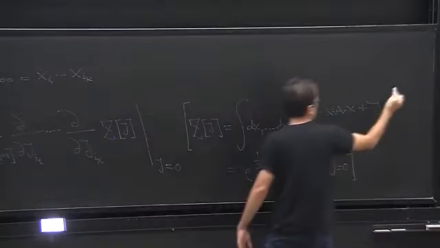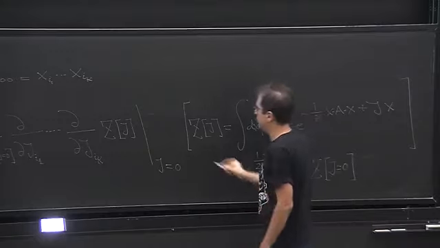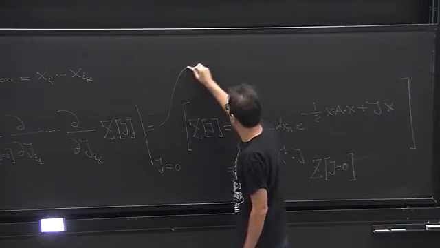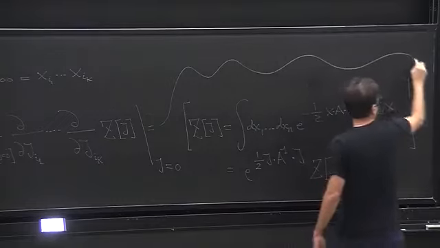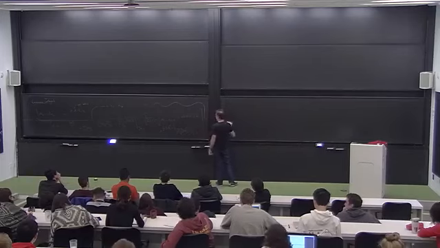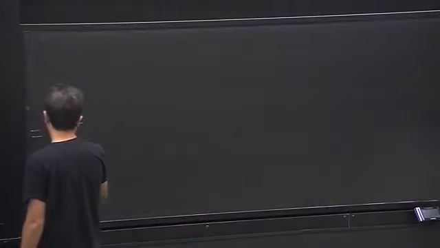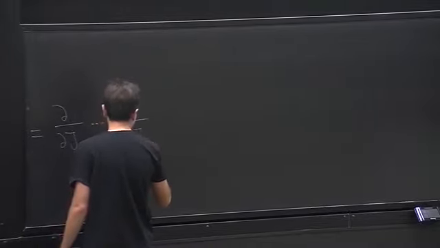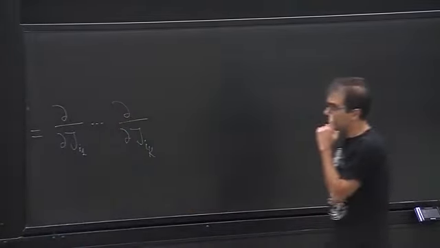So this is a remark, this is a definition, and then I'm continuing. So the Z0 cancels, and I get derivative with respect to j_i1 up to derivative with respect to j_ik. And now I'm going to do something smart.